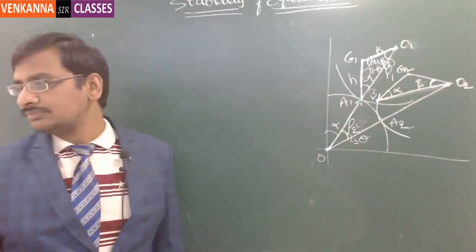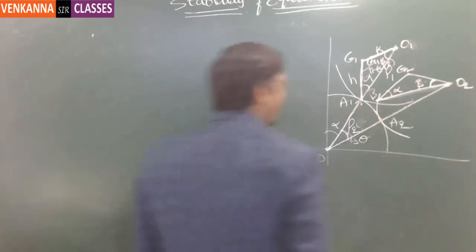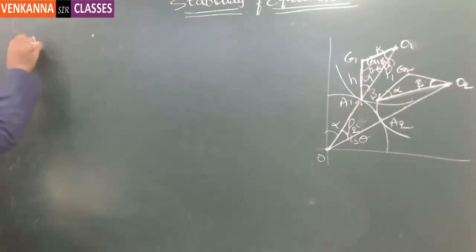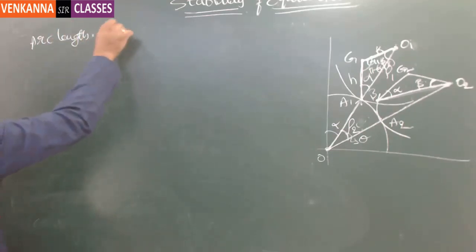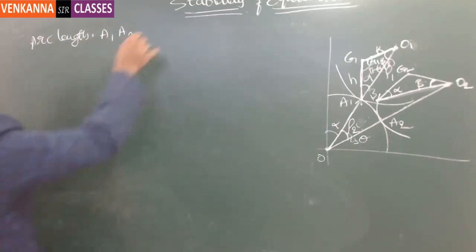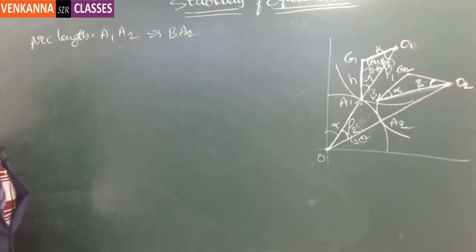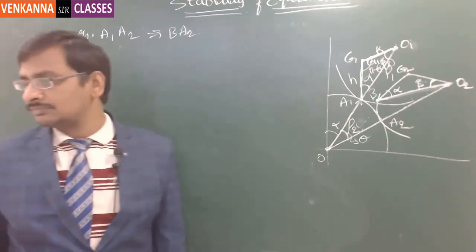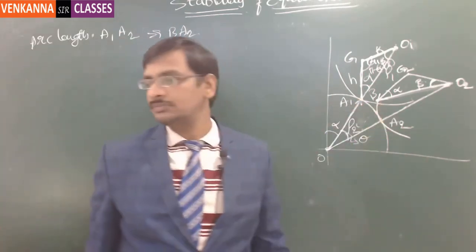Got it? And this arc length, arc length A1A2 is equal to BA2. Is this statement true or not? The arc length A1A2 is equal to BA2.